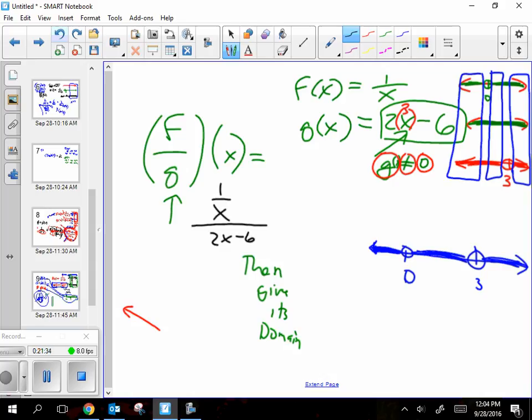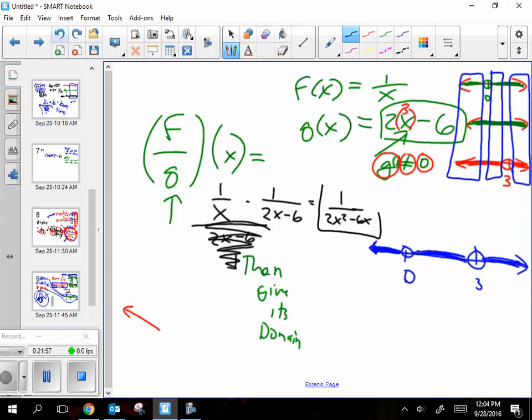Then I'm going to flip and multiply this. I'm going to put that over 1. And I'm going to change it to times by, flip it, 1 over 2x minus 6. There, I just flipped and multiplied. So now it's that times that. So now it's 1 times 1 on the top is 1 over x times 2x is 2x squared. And x times negative 6 is negative 6x.